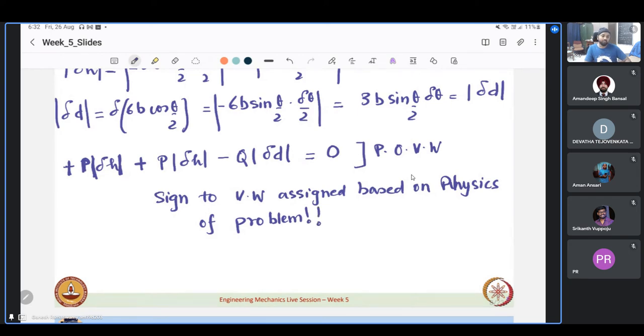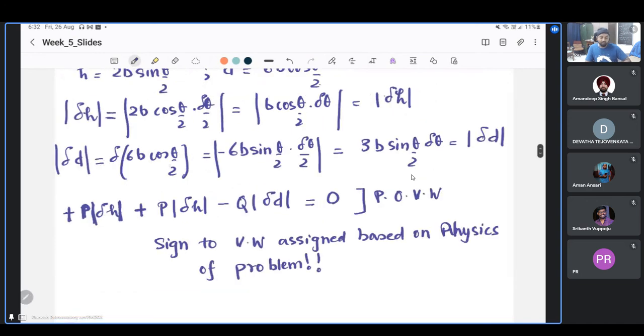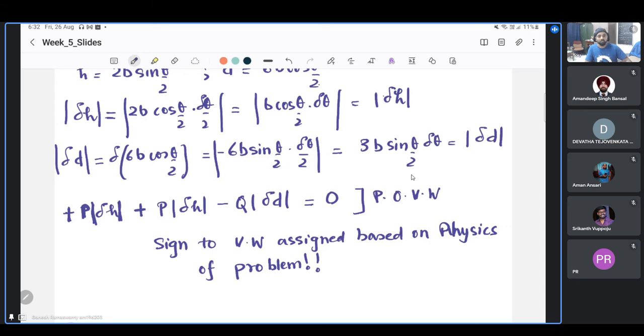This is something to be kept in mind, otherwise we'll never reach the correct answer. If we simply see that d has a cos theta and we differentiate that and we get a minus sign and we carry that over to the end without applying our mind, we won't be getting the correct answer.